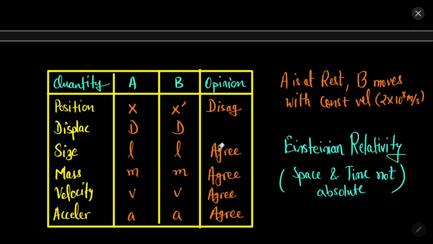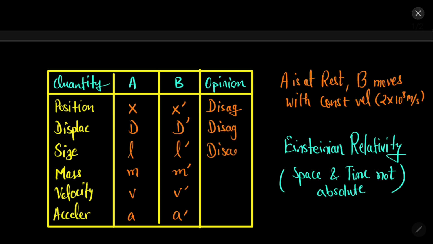That is, nothing will be absolute here and nothing will be the same. The position of the car will be different, the displacement of the car in different frames will be different, the size of the car will be different, the mass of the car will be different in different frames, the velocity of the car will be different in different frames, and the acceleration of the car will be different in different frames. So they will be disagreeing on everything.